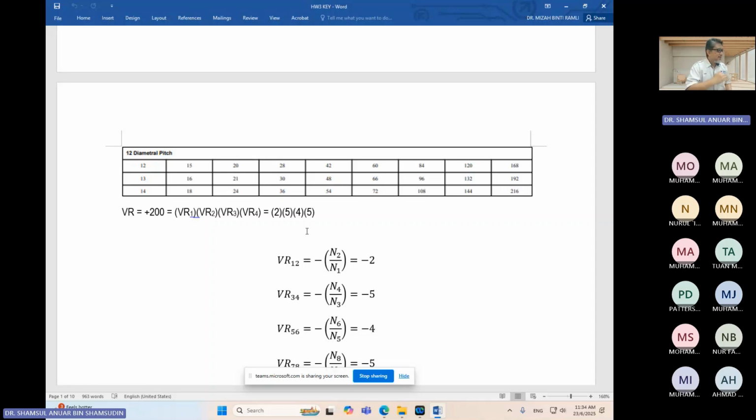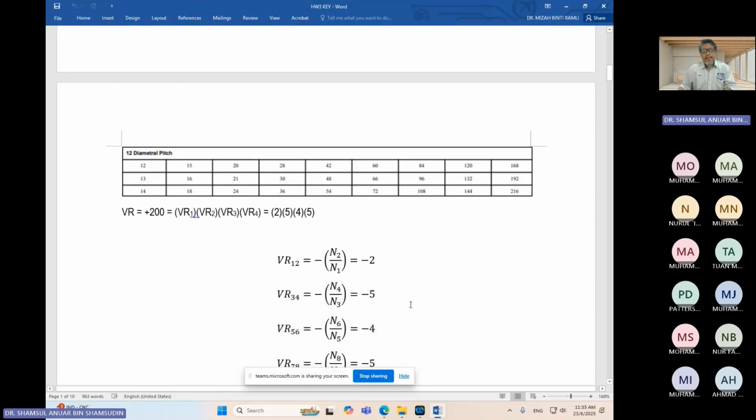So awak kena warm up sikit, pelan-pelan. So that's why you try to use 2 first. Maybe after that 4, then 5. So you get the idea. Even 5, if needed, can also be broken into 2 times 2.5. If you want to break it up like that, that can also be done.